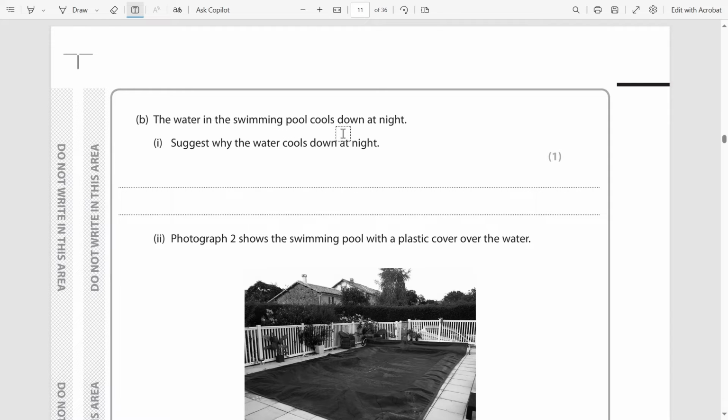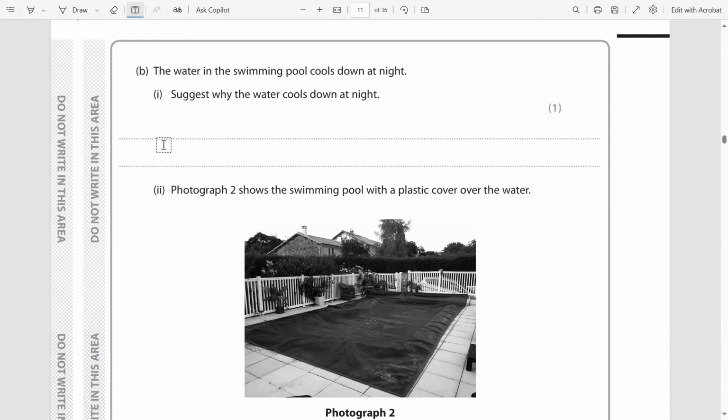The water in the swimming pool cools down at night. Suggest why the water cools down at night. Well, I should tell you guys that the swimming pool is hotter than the environment. When something is hotter than the environment, it likes to emit more radiation than something that is cooler than it. When something's cold, it likes to absorb more radiation.